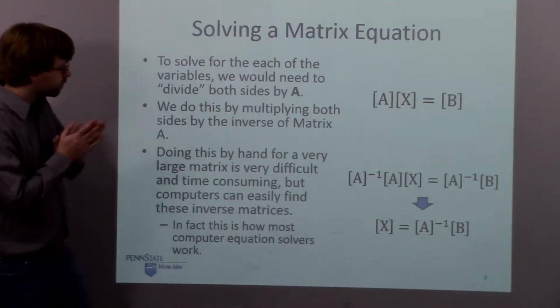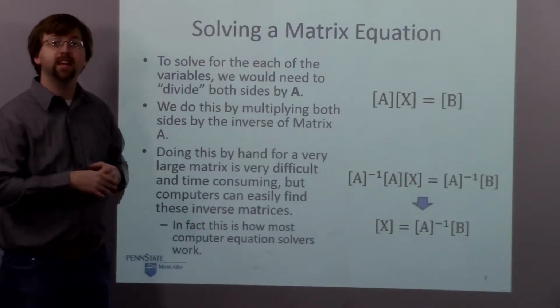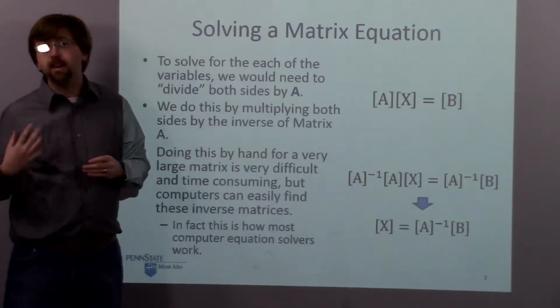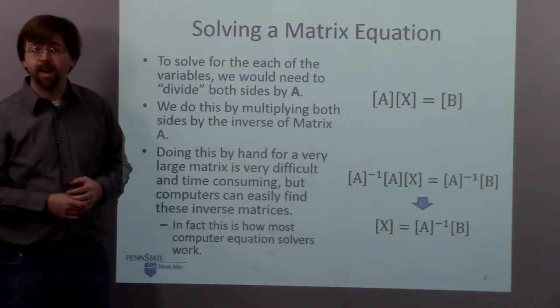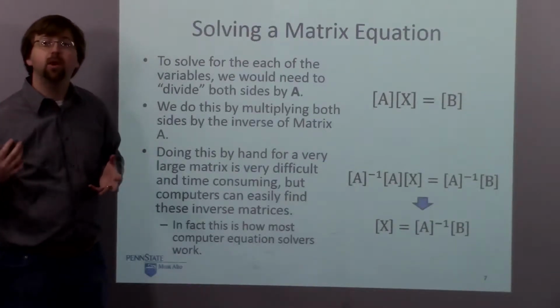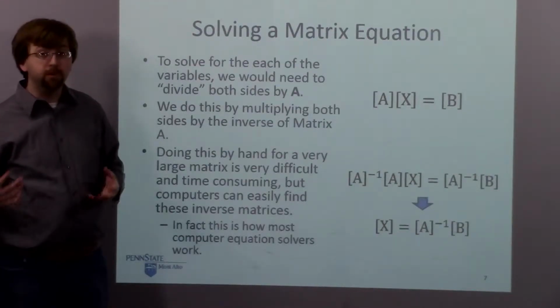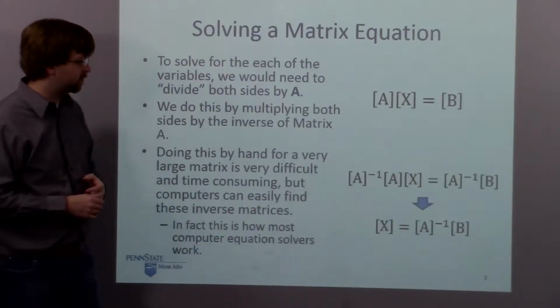Alright, so I'll need to find this A matrix, which I did before, and take the inverse of that. Taking the inverse of a matrix can be done by hand, but usually if we have a very large matrix, like 10 equations with 10 unknowns, I'm not going to want to do that by hand. But computers are very good at doing inverse matrices.